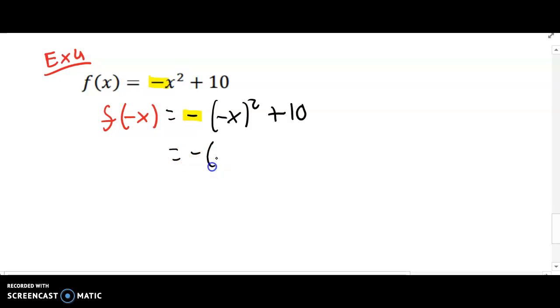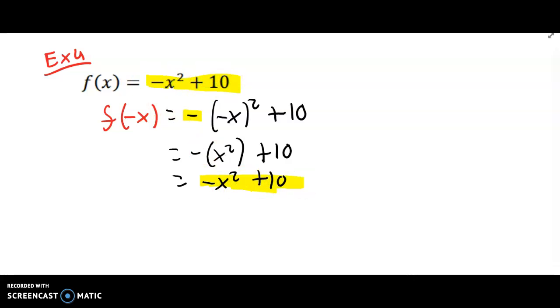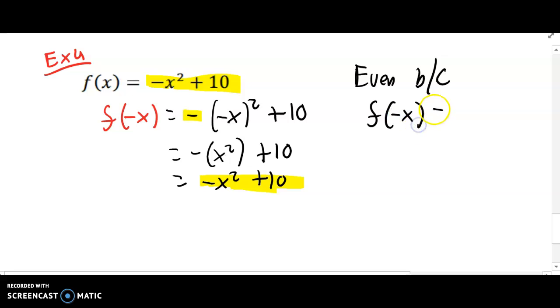So I've got negative x squared is x squared plus 10, negative x squared plus 10. Aha! This is the exact same as the original problem, therefore it is even. So we say even because f of negative x equals f of x.